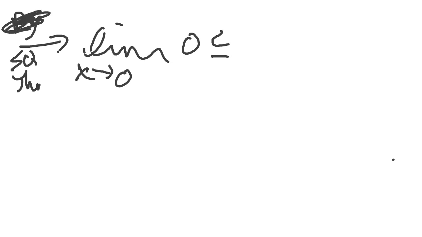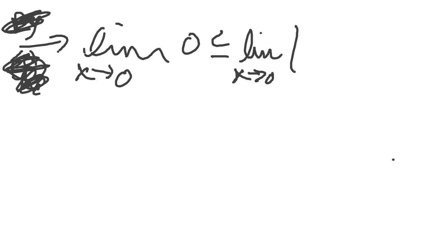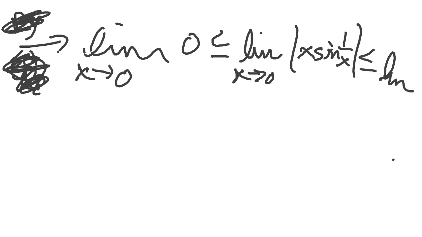We just know that this limit is less than or equal to the limit as x approaches 0 of the absolute value of x sine 1 over x, which is less than or equal to the limit as x approaches 0 of the absolute value of x, which on my screen it looks like I'm running out of room.